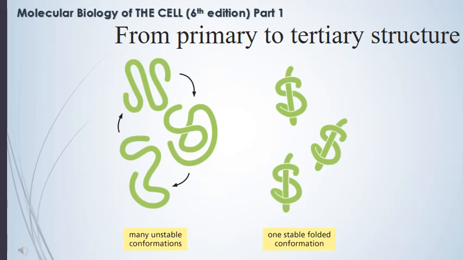So here we have a cartoon representation. Basically, a primary structure can have many different conformations, and many of these conformations are of higher energy, which means they're not stable, and through time they come to a stable folded conformation.